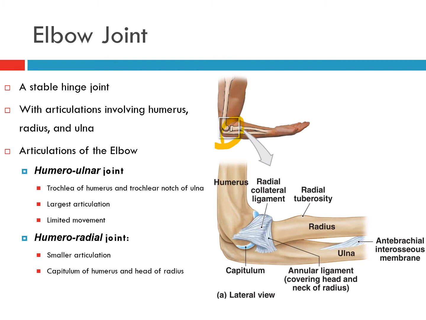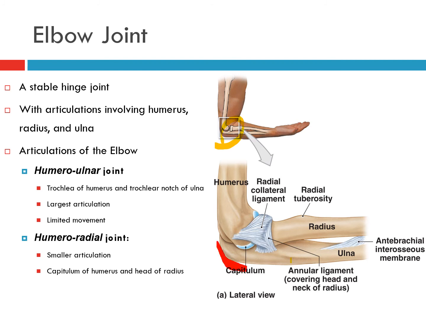We have a couple of different joints proximally. So we have the humeral-ulnar joint, which is here, where we have the trochlea of the humerus. You remember when you look at the distal end of the humerus, you have the trochlea medially and the capitulum laterally. And then you have the trochlear notch of the ulna, which here what you're looking at is the olecranon process.